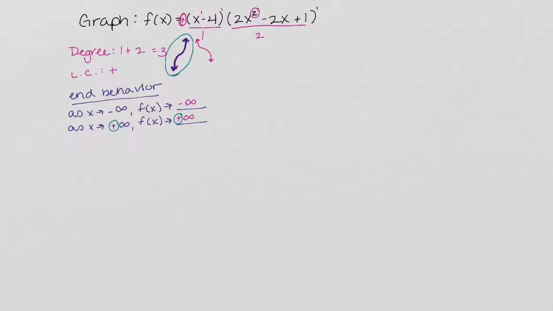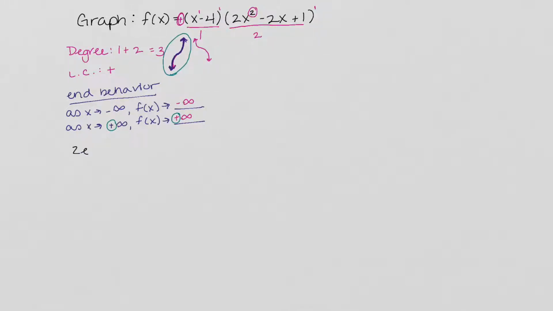All right, guys, let's talk about zeros. Remember that we find zeros by setting our factors equal to 0 and solving for x. So my factors here are x minus 4, and then 2x squared minus 2x plus 1.